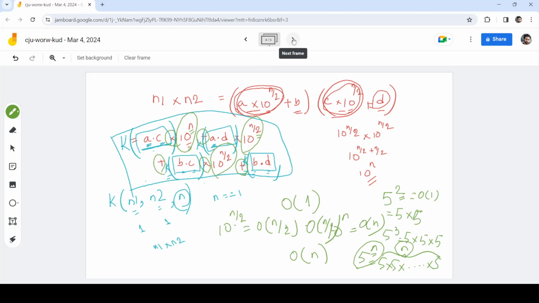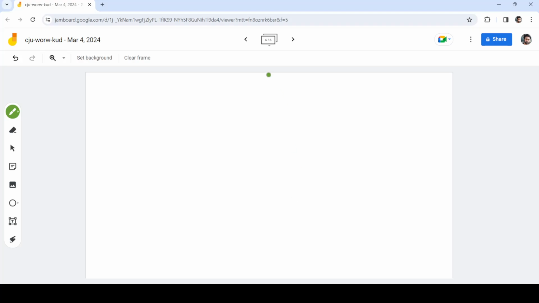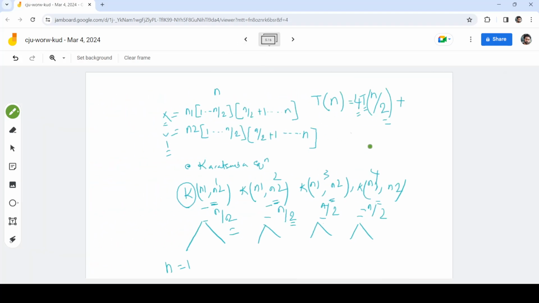Therefore, the work done for Karatsuba is big O of n. Therefore, the total recurrence is 4T(n/2) plus big O of n. This is the recurrence equation. Now, what is the time complexity?